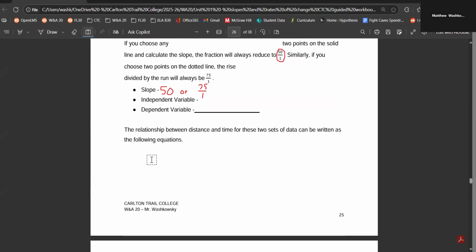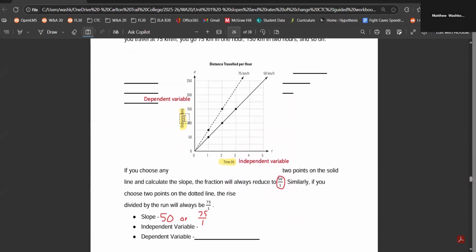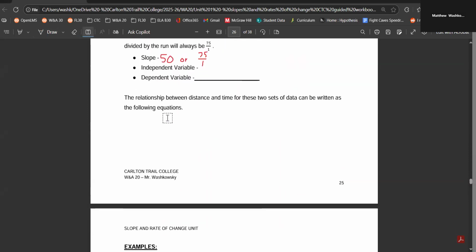So we also can make some equations out of this. Think about this. My distance is dependent on the amount of hours I travel and my speed, right? So the distance is equal to the number of hours and the speed. I'm going to use the 50 kilometers in this case.